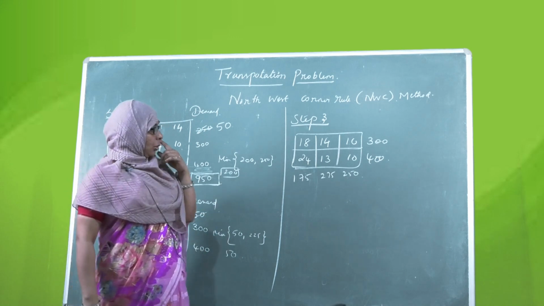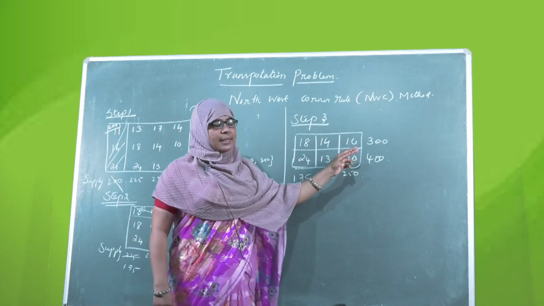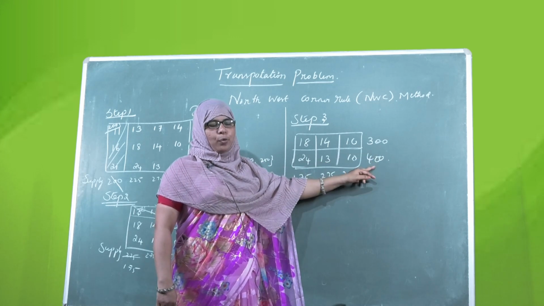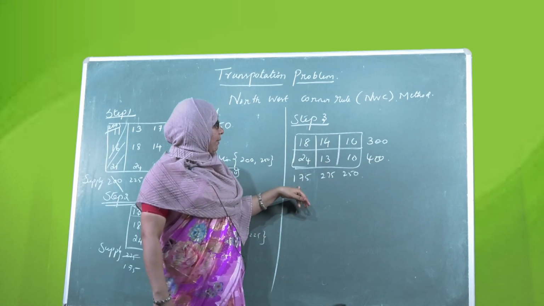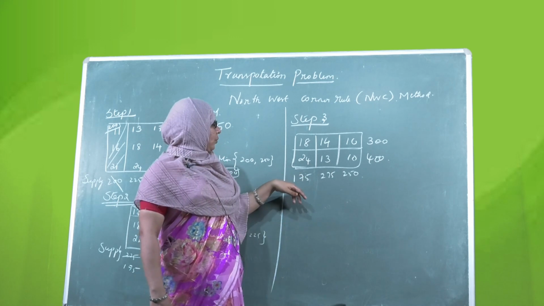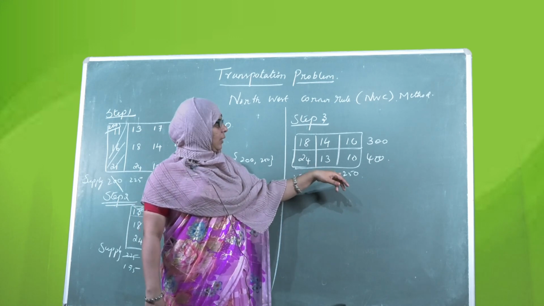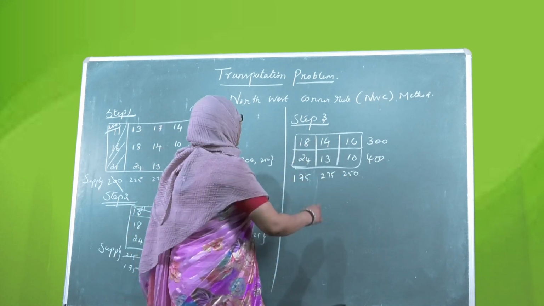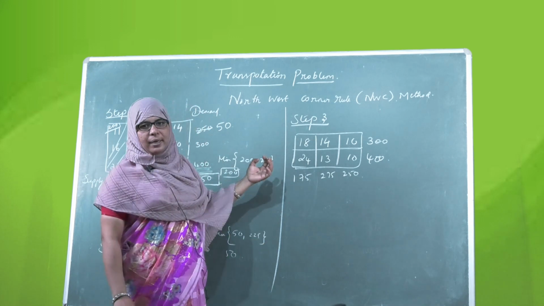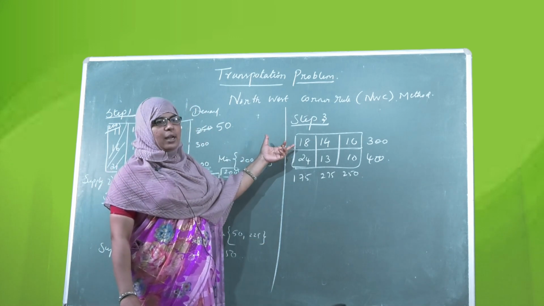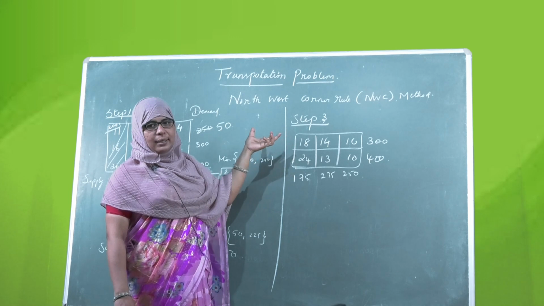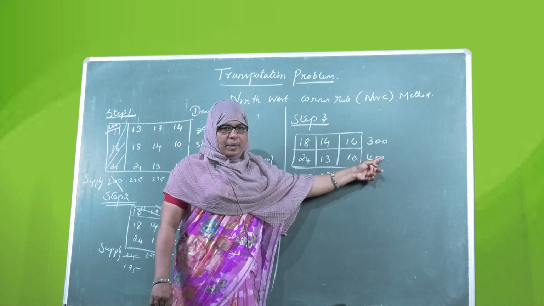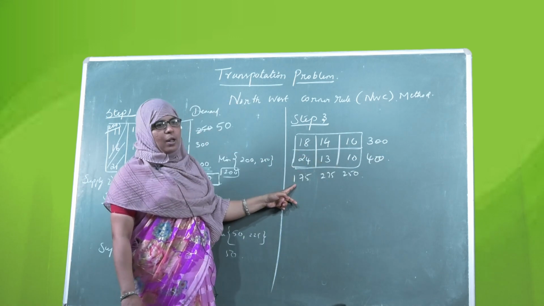Check that the demand and supply are equal: 300 plus 400 is 700, and 175 plus 275 plus 250 is 700. What is the northwest corner element? The 18 is the northwest corner element. The row element is 300 and the column element is 175.